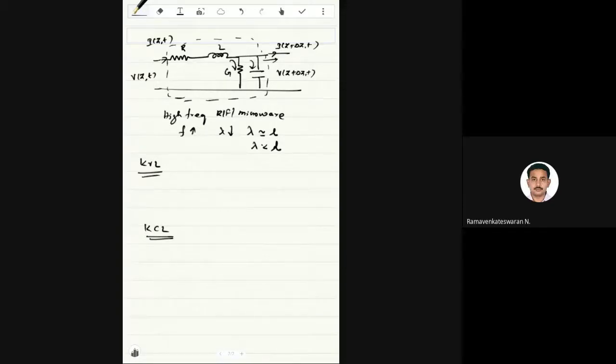This is the very starting point of the transmission line equations. The lumped model should be written, and after that we apply KVL and KCL, and the first two equations you can easily write down with the understanding of whatever we have seen so far. Okay, so here I will present.